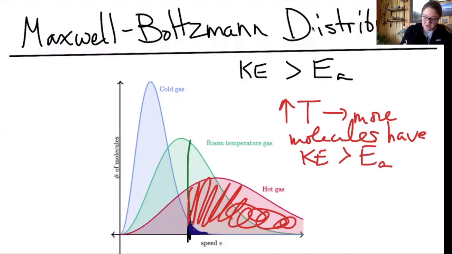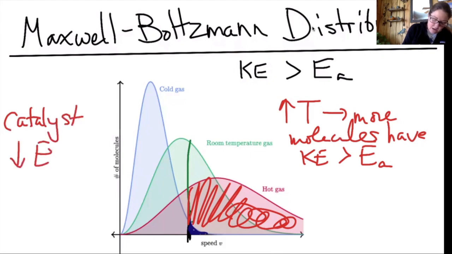We have also looked at how catalysts affect reactions. What a catalyst does, remember, is it's going to lower the activation energy, which means my required threshold speed moves from here down to some slower velocity, perhaps here.